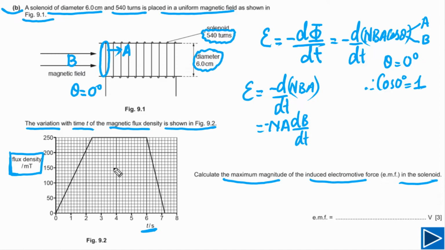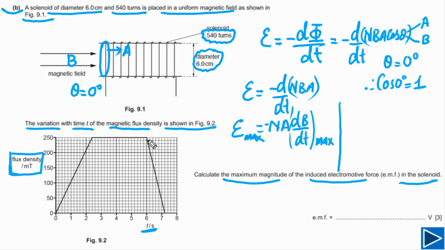It simply means that we need to calculate the gradient of this graph. The question is asking us for the maximum value of EMF, and the value of EMF is maximum when dB by dt is maximum, and this quantity is maximum when the gradient is maximum.